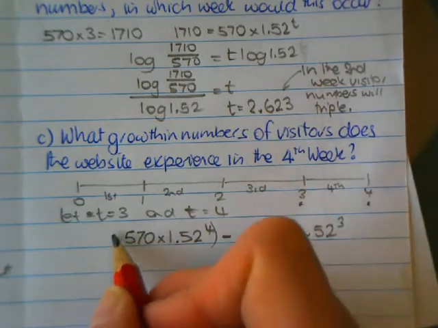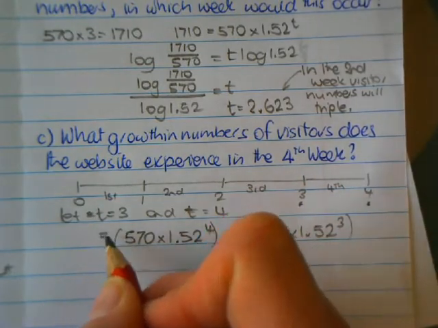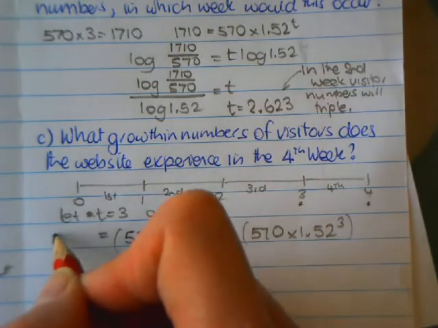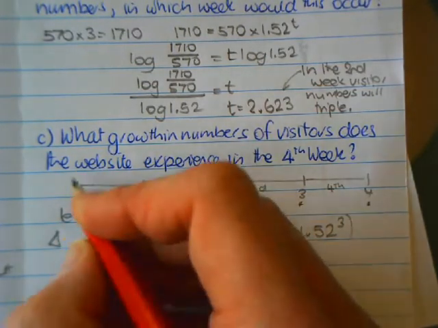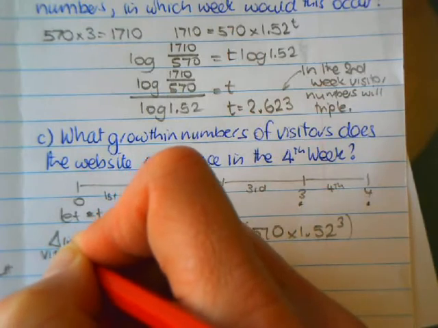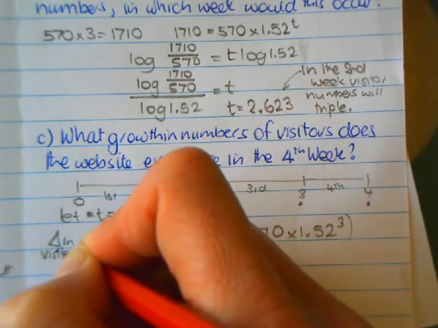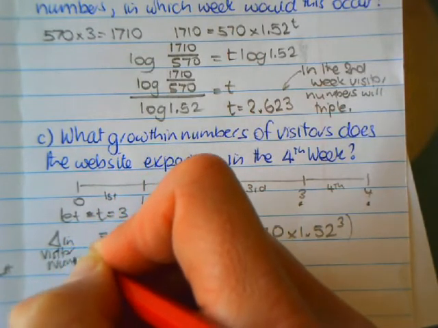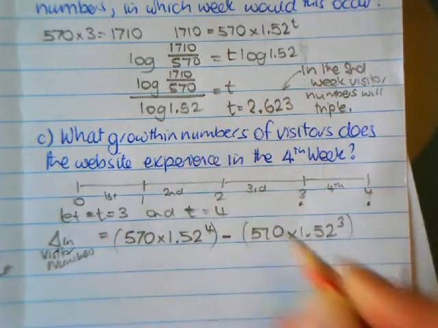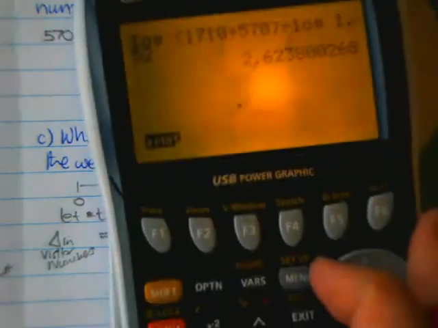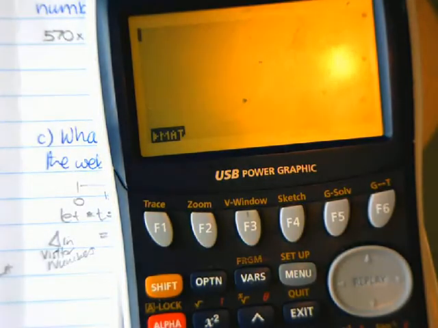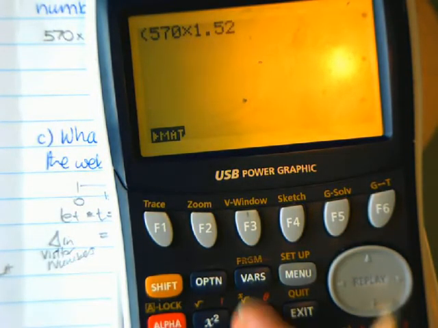So the first one I'm going to do is the bigger number, 4. So 570 times 1.52 to the power of 4, and then I'm going to subtract off 570 times 1.52 to the power of 3. Put that in brackets. Okay, this is the change in visitor numbers.